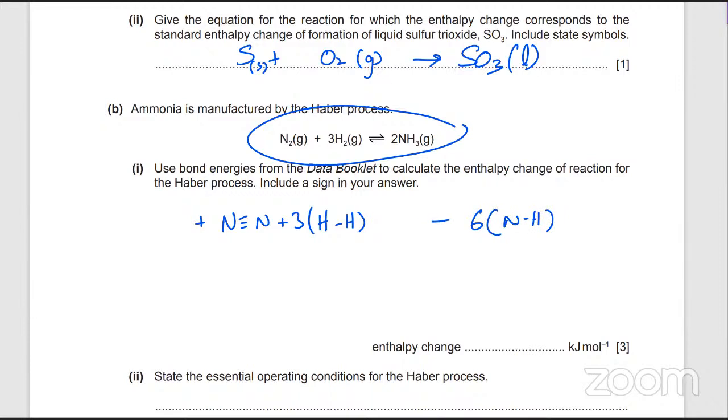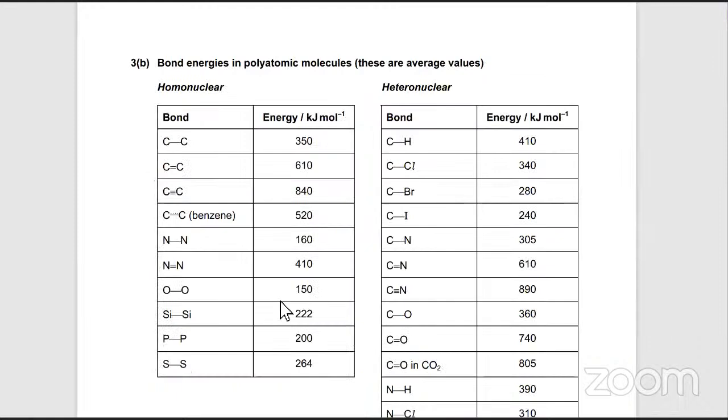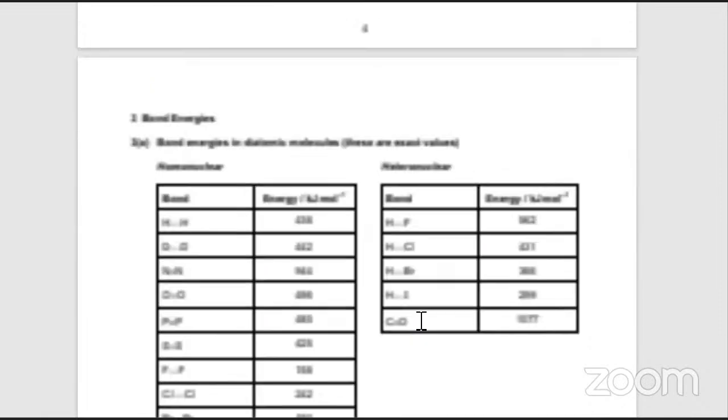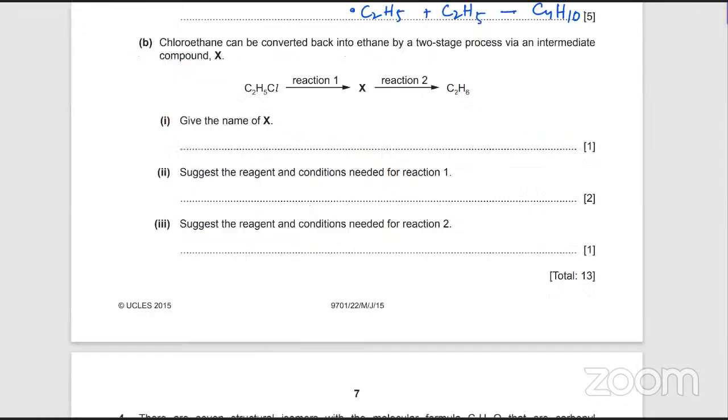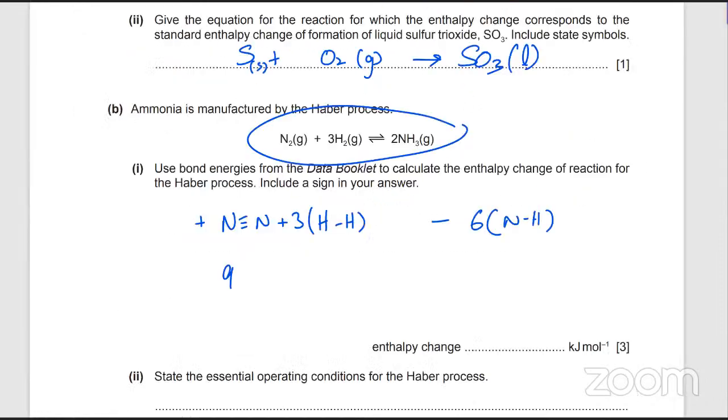तो डेटा बुकलेट में से N triple bond N is this one is what? Double bond N and triple bond का. That's 944. H–H कितना है?